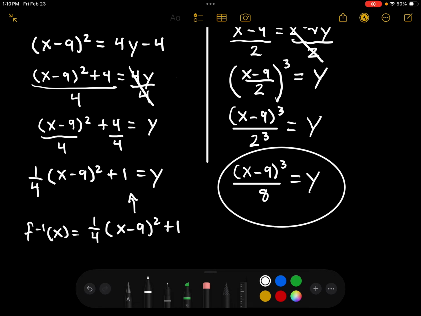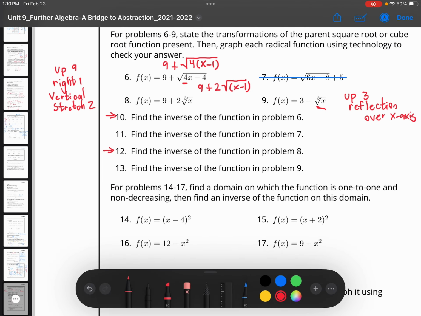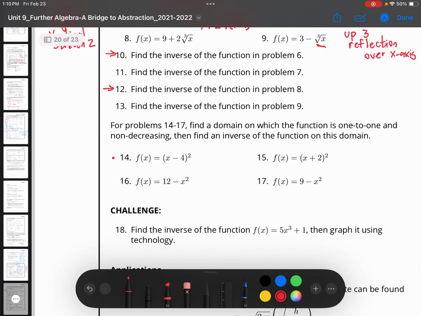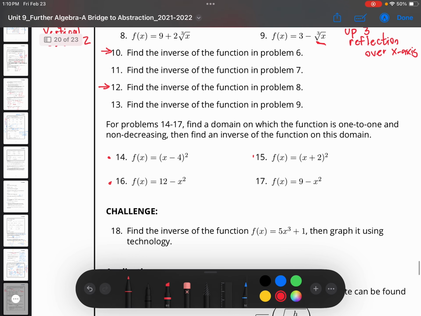So at this point, guys, I would say try to do 14 through 17, right? And notice that all you're doing is, first of all, it's asking for the domain, it's 1-to-1 and non-decreasing. Okay, so it basically wants you to do the right side.